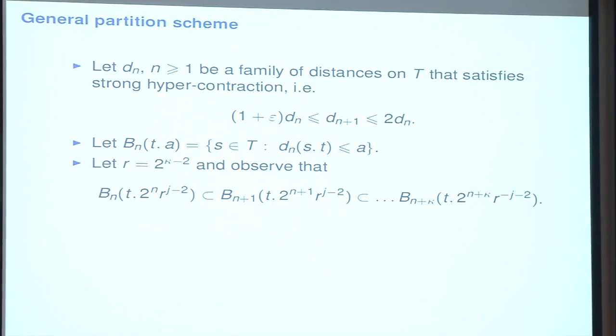You will see this in the case which is important for what I want to say in a moment, so we consider a ball in the distance d_n and of radius 2 to the n times r, with j minus 2, the last one is okay.